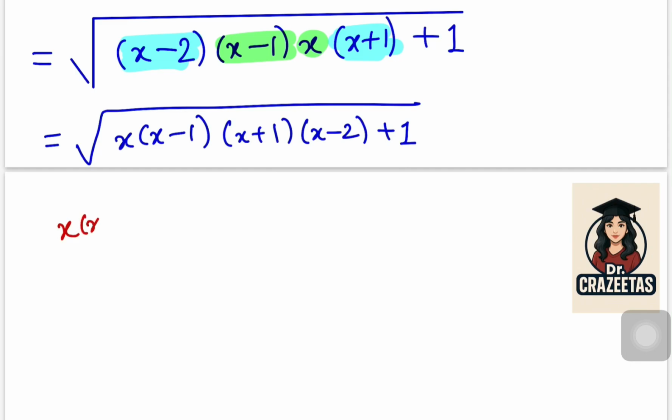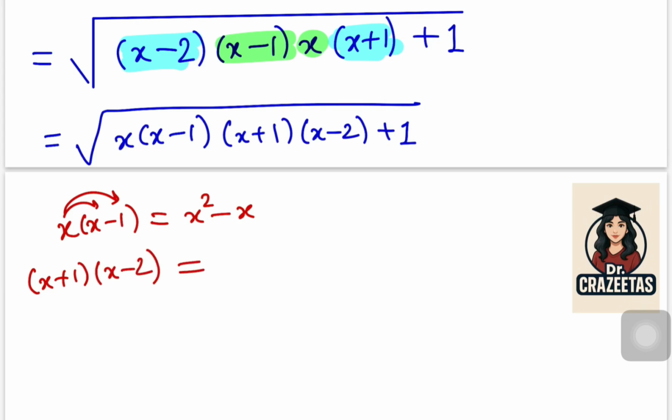So x into x minus 1, when we multiply this, x times x will be x square minus x. And when we multiply the next two brackets, x plus 1 and x minus 2, you know how to multiply two brackets, I'm sure.